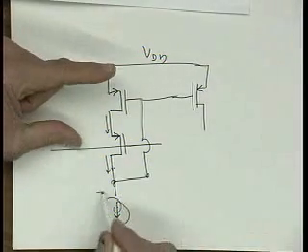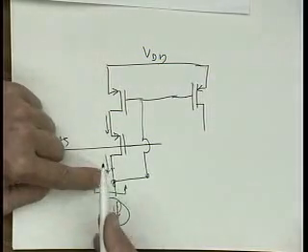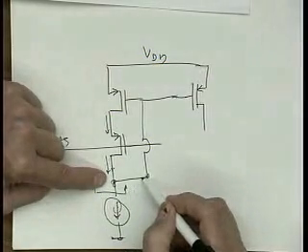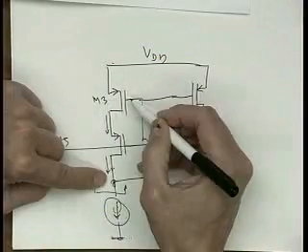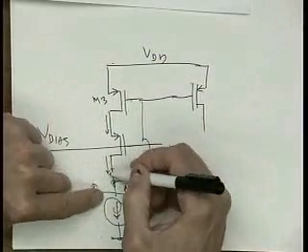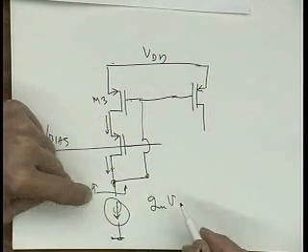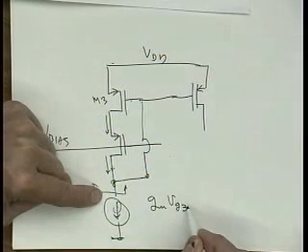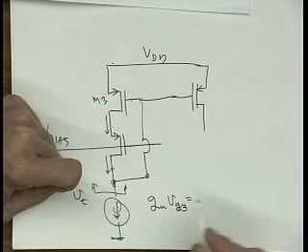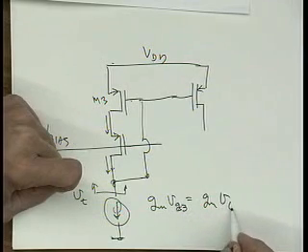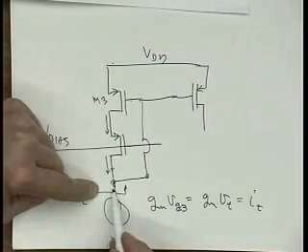Right? So let's say I look into this and I want to figure out the resistance looking into this node. When I change this voltage, I change the VGS of M3. So the current I see flowing here is just basically GM times VGS of 3, which, if I call this V test, is going to be GM times V test, looking into here, right?